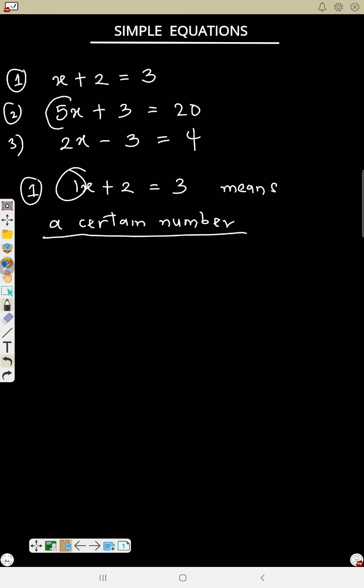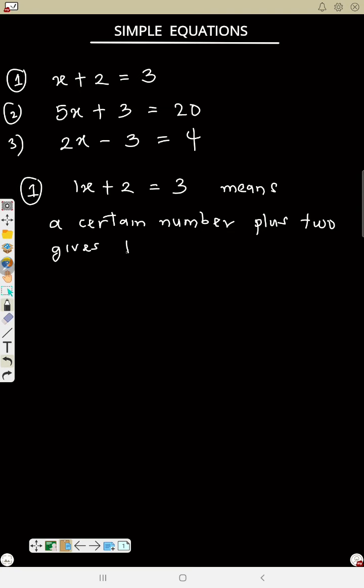But if I have a number at the back like 5x, I will say 5 times a certain number. So take note. If there is no number, you will say a certain number, plus 2 gives 3.